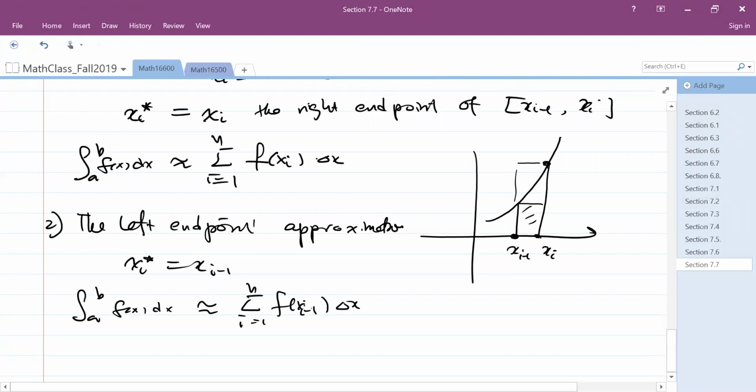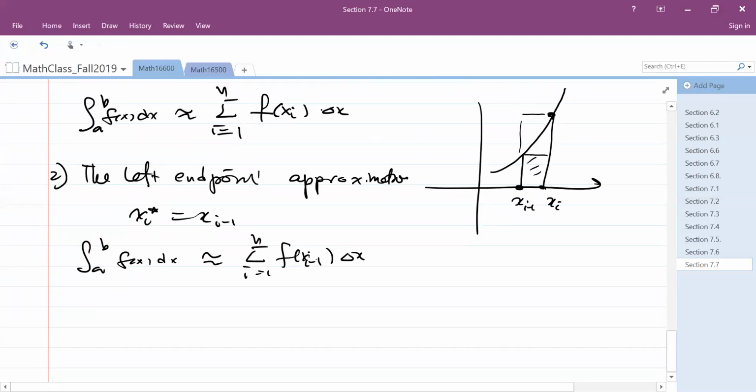Okay, so a simple observation: if the function is increasing, clearly f of xi is larger than f of xi minus 1. Okay, so here's a note. If f of x is increasing, let me draw it.